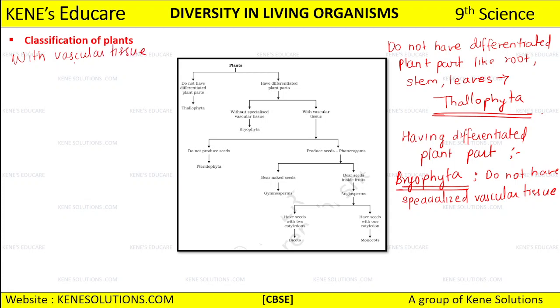The first type is one producing the seed. As you can see, one do not produce and the other one produce.